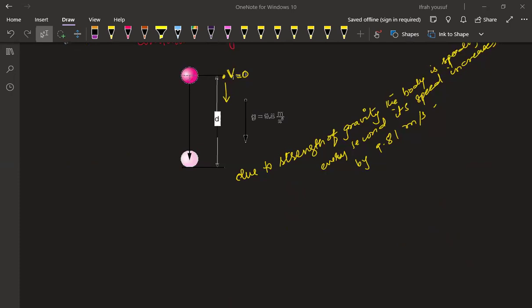The object which has the greater surface area, or the object which has the lesser surface area? The object having the less surface area will reach the terminal velocity first.